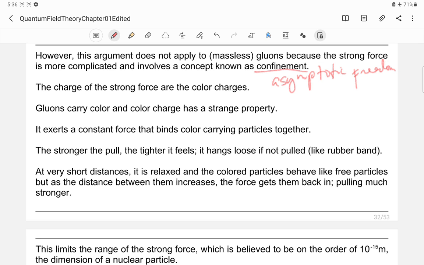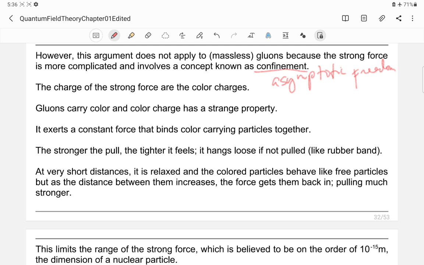The charge of the strong force is the color charge. Gluons carry color, and color charge has a strange property. It exerts a constant force that binds color carrying particles together. The stronger the pull, the tighter it feels.